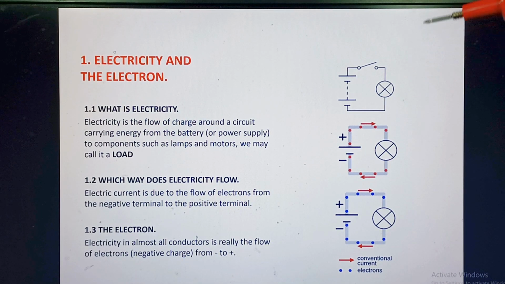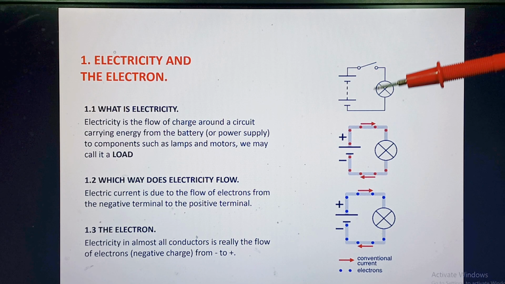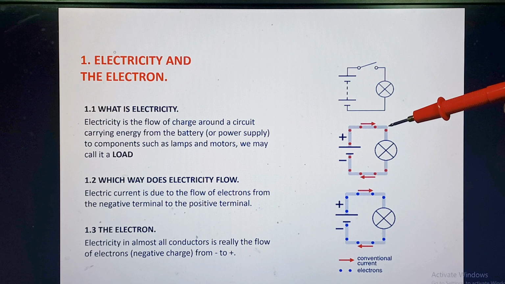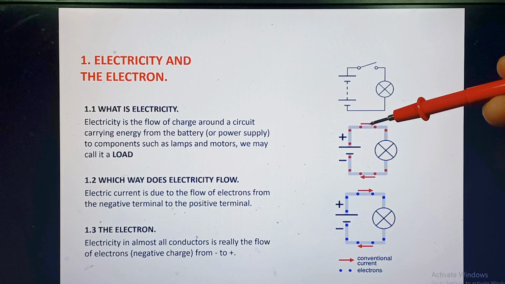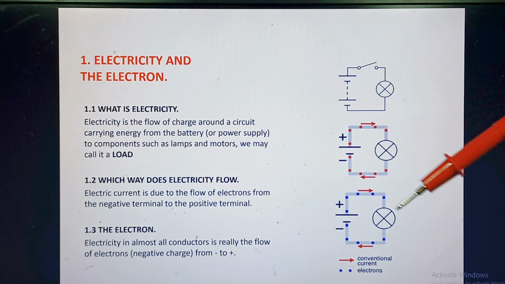Flow of electricity is also called flow of electric charge that can be due to positive charge, as shown over here. When the switch is closed, we can see over here that electric charge is flowing through the load.